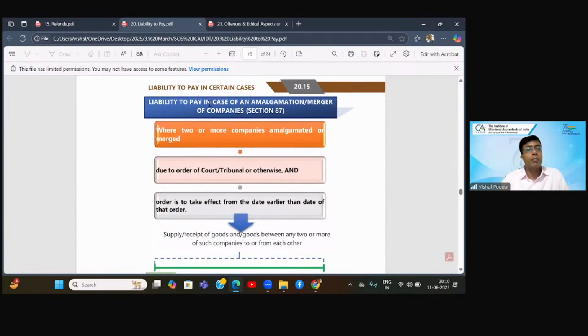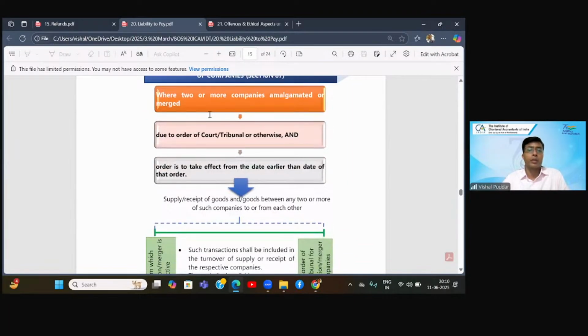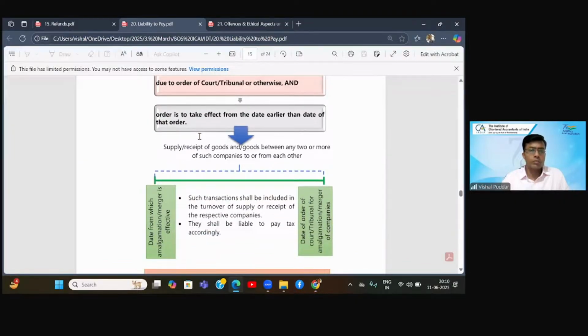Next, liability to pay tax in case of amalgamation demerger. Now you all understand what is amalgamation demerger. Now this may be either because of some court order or it may be otherwise also, that is, mutually you have agreed, there is no need of going to court. Now in such a case, the order is to take effect from a date earlier than the date of that order, that is okay.